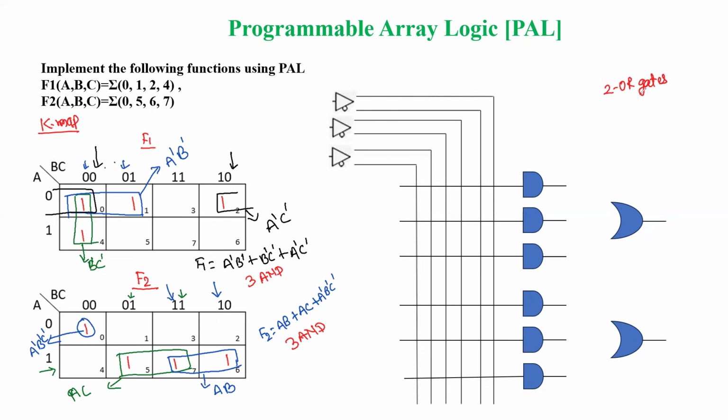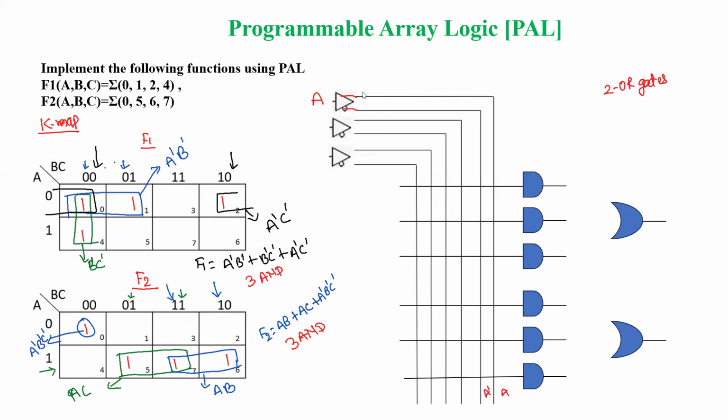On the input side, each literal is needed both with and without complement, so we use a buffer. If this is the A input, connecting from here gives A without complement, and from here we have the complement. So this one is our A, and this is going to be A dash.